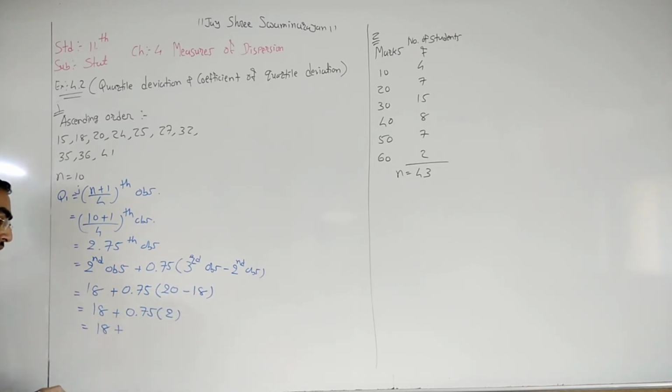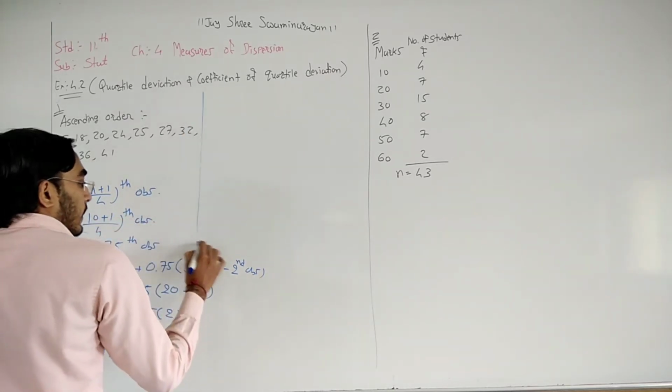So 18 plus 0.75 into 2, 1.5. So 19.5. Our Q1 is 19.5. This distance is given in millimeter, not centimeter. So here 19.5 mm.